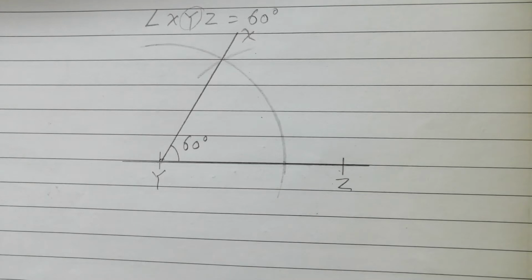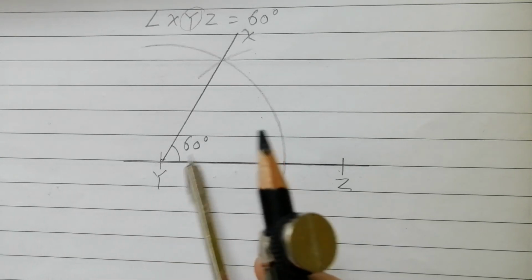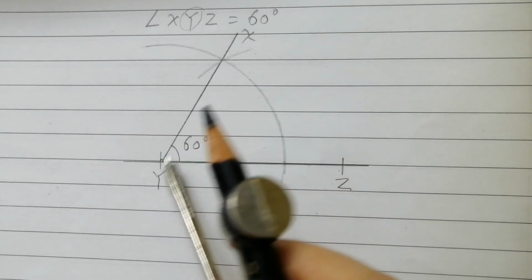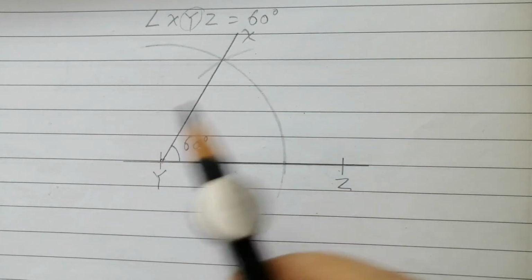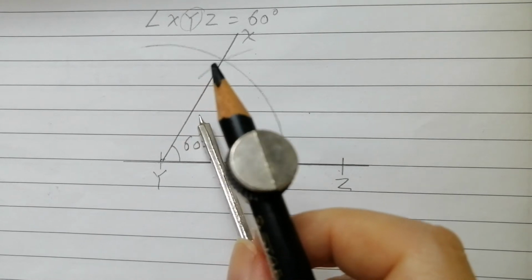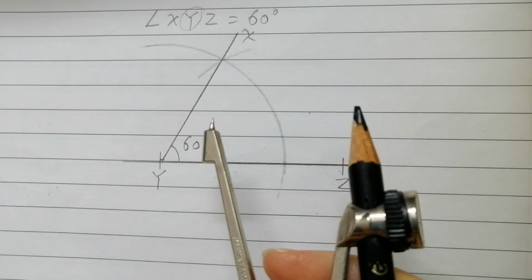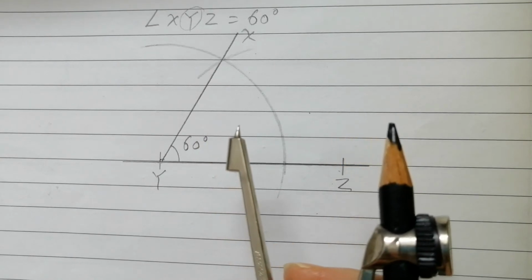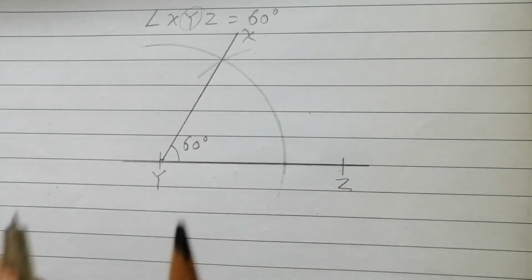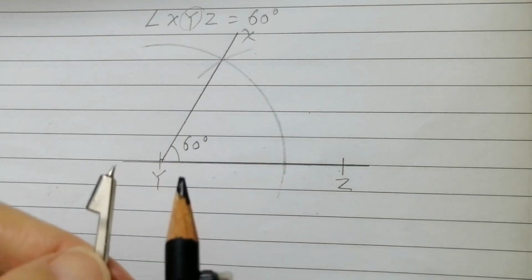Okay, so how to draw an angle bisector? If I have 60 degrees, I want to draw a straight line that can divide 60 degrees into two equal angles, meaning 30 degrees and 30 degrees. So I will use the compasses.